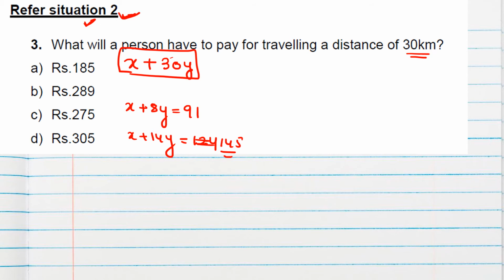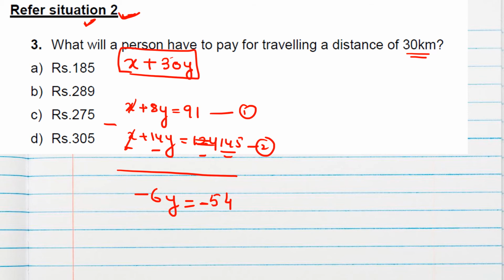Now here also we will subtract both the equations. Suppose this is equation 1 and equation 2, we subtract. The sign will change and x will go. Here we will get minus 6y, and 91 minus 145 gives minus 54, because the minus sign is with 145.